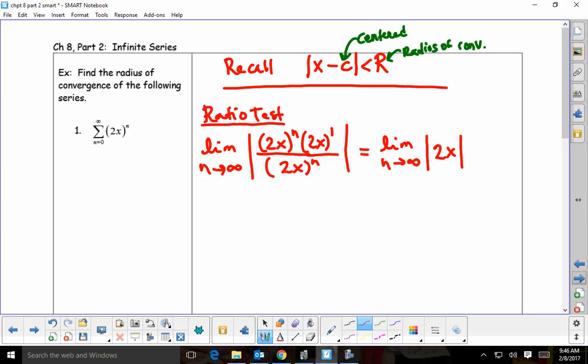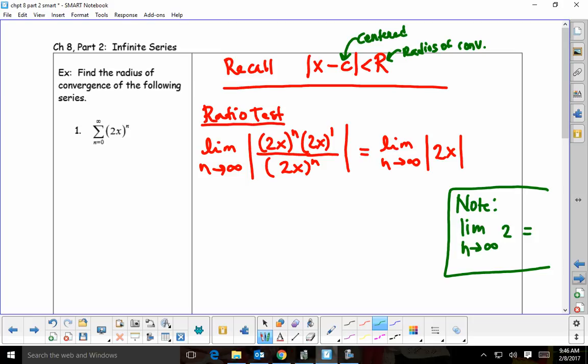Okay, we're going to make a little side note really quick, and then we're going to come back. Tell me what that is. 2. We all don't have a problem with that, right? There were no n's involved. So it's just that number.